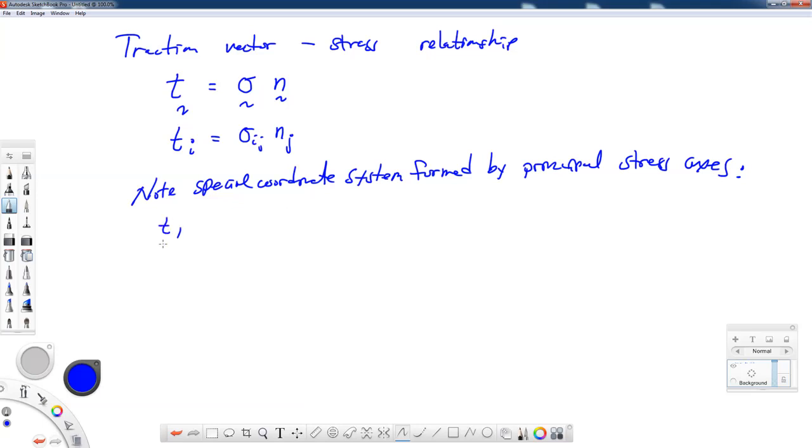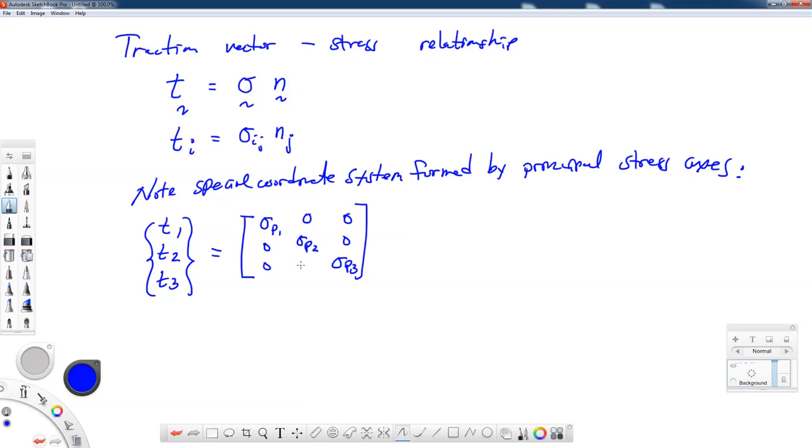Our traction vector components T1, T2, and T3 would be equal to our sigma ij, that's our very special sigma ij, formed by the three principal stresses, sigma p1, sigma p2, and sigma p3, with zeros, because we don't have any shearing stress on our principal planes.